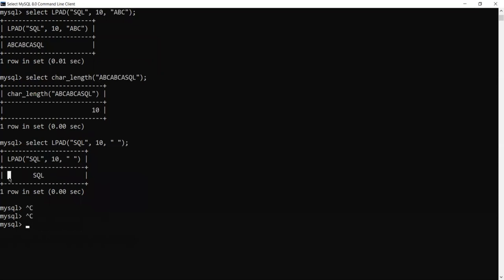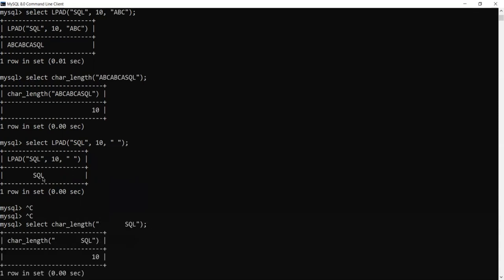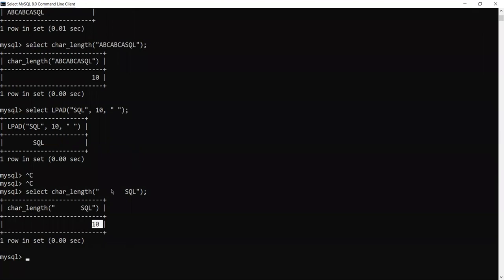If I go ahead and check the length of it, here it is. It comes out to be 10. That means 7 spaces were added on the left hand side of my original string. That is what LPAD does.